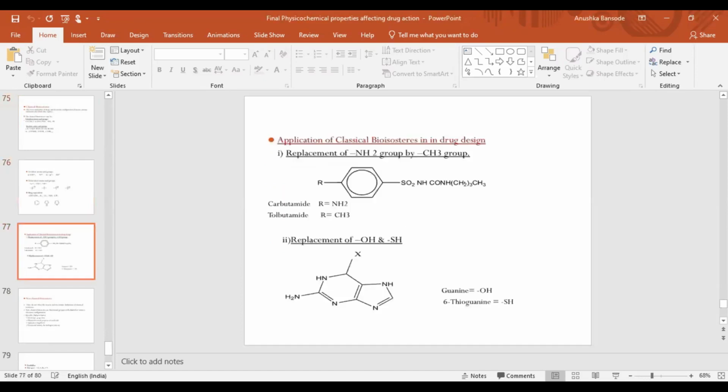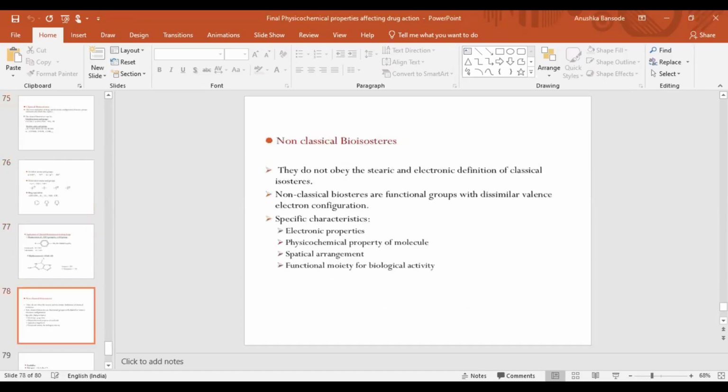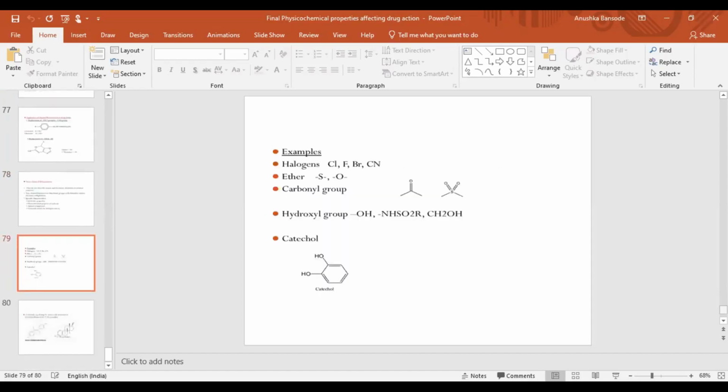And non-classical bioisosteres exhibit specific properties or characteristics. They exhibit electronic properties, and they affect the physicochemical properties, spatial arrangement, and functional moiety of the biologicals.